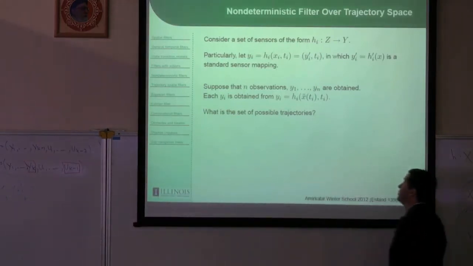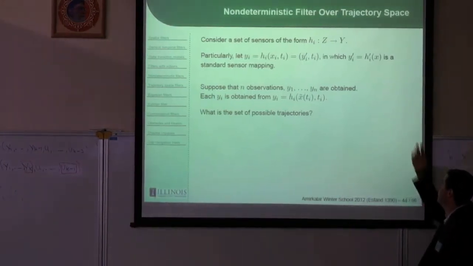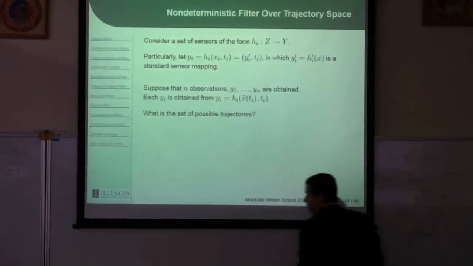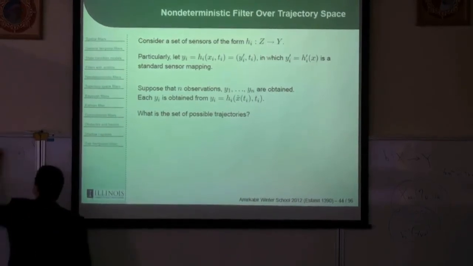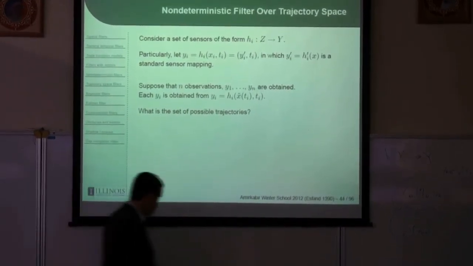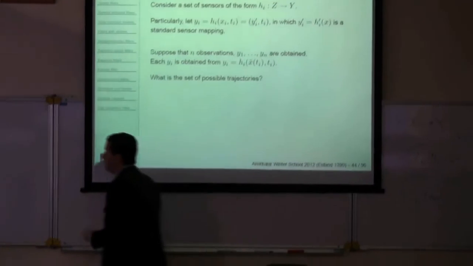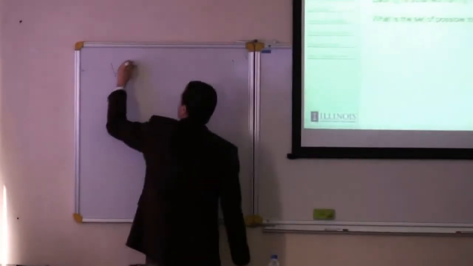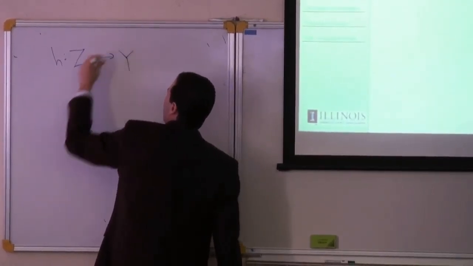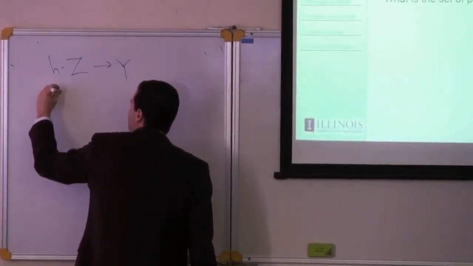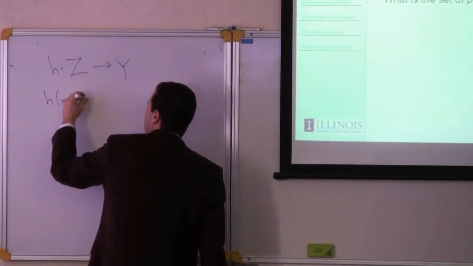So suppose we have a set of sensors of the form z goes to y. In other words, the sensors look like h: Z to Y, which means h of (x, t) equals y.